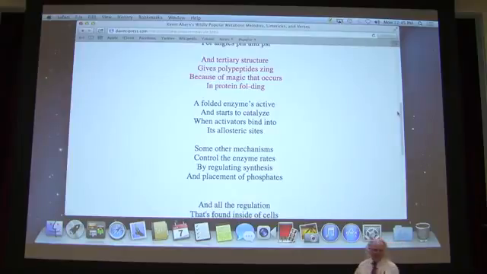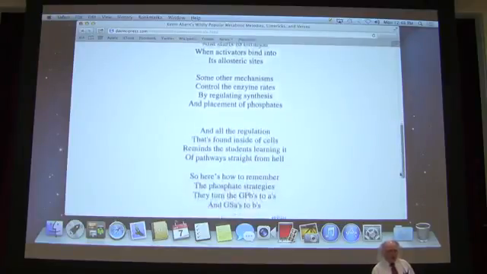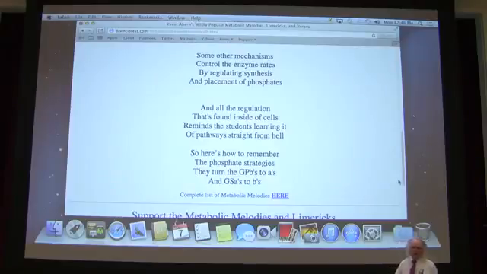A folded enzyme's active and starts to catalyze when activators bind into its allosteric sites. Some other mechanisms control the enzyme rates by regulating synthesis and placement of phosphates. And all the regulation that's found inside of cells reminds the students learning it of pathways straight from hell.